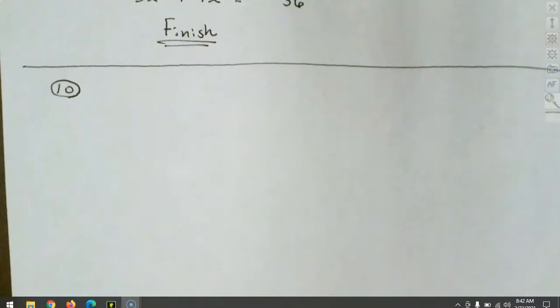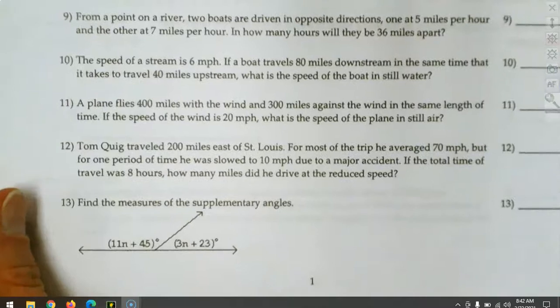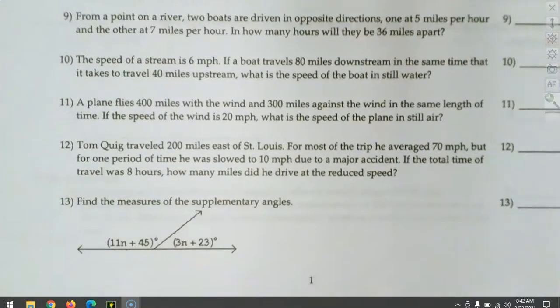So question 10 is a little bit different. Question 10 talks about the stream, the speed of the stream. Now, what do we know about the wind or a stream? Well, the wind and the stream can either add to your speed or decrease from it.